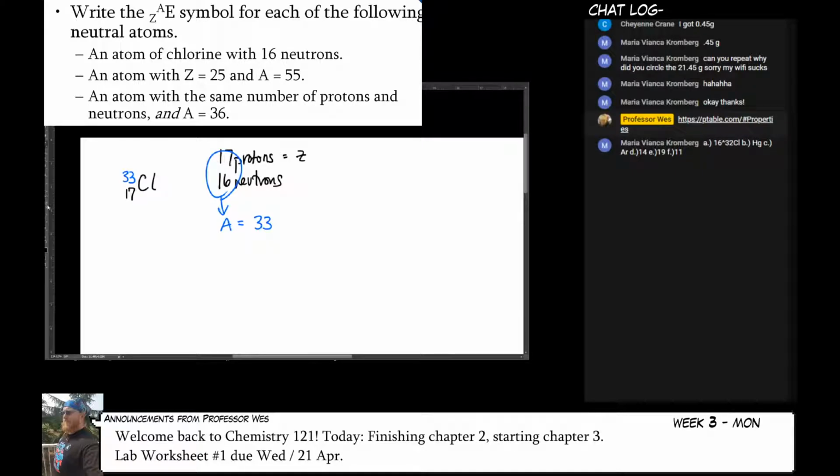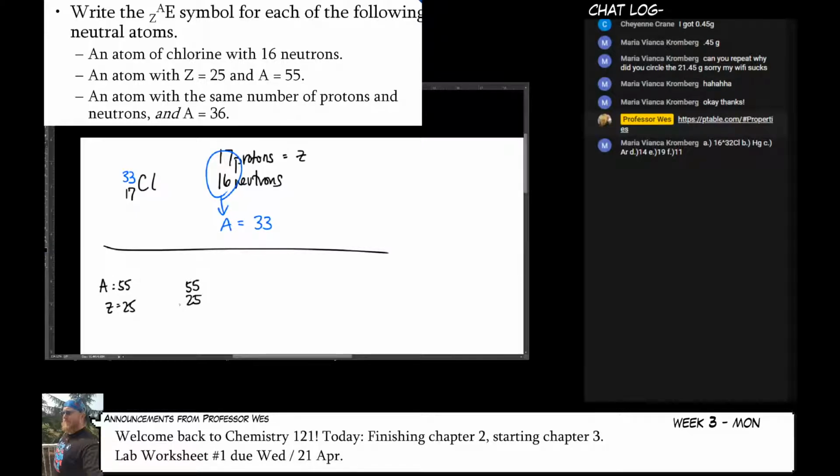All right, for element number 2, an atom with Z equals 25 and A equals 55. So for number 2 here, I know that Z is 25 and A is 55. So I could just write those in whatever spot they would go. Now I need to figure out what the symbol is.